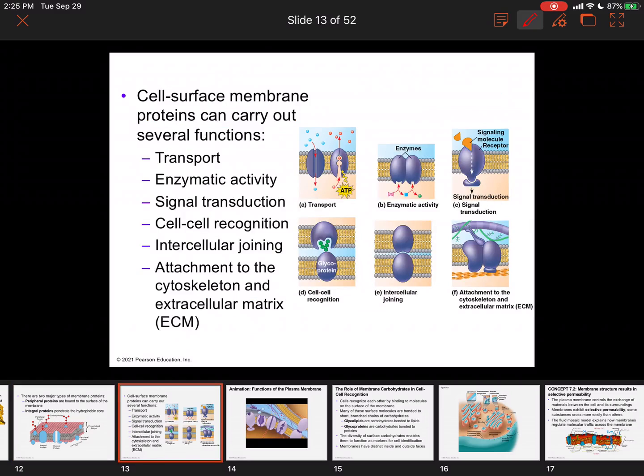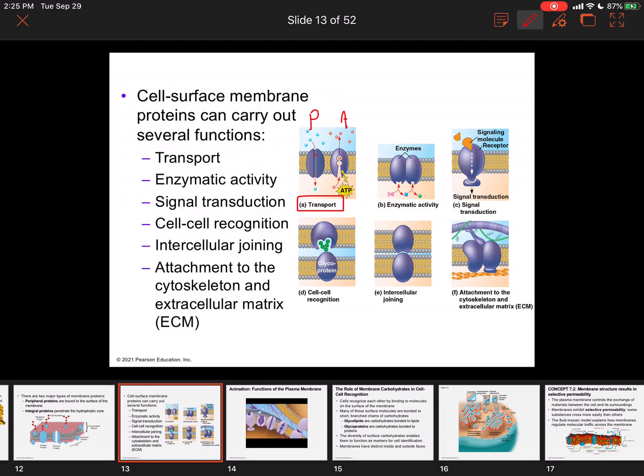All right, the cell surface membrane proteins, both types, peripheral and integral, carry out many different functions. For transport, we may be transporting materials through the cell membrane using the help of those transport proteins, both passive transport and active transport, where we're trying to use ATP to move things.